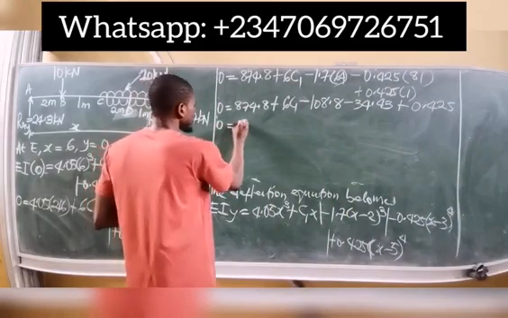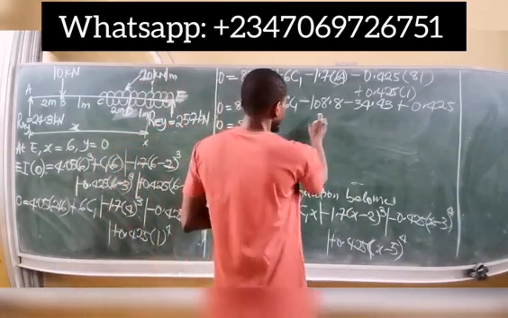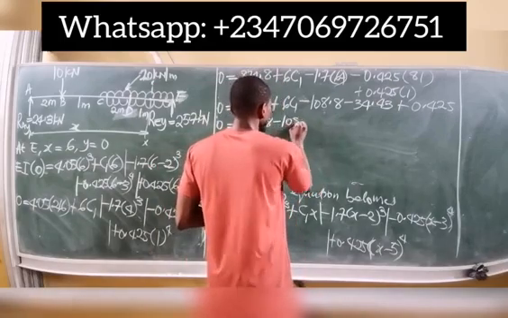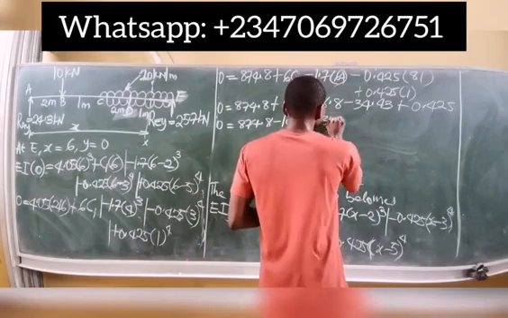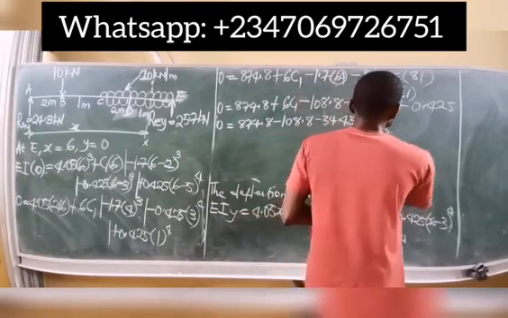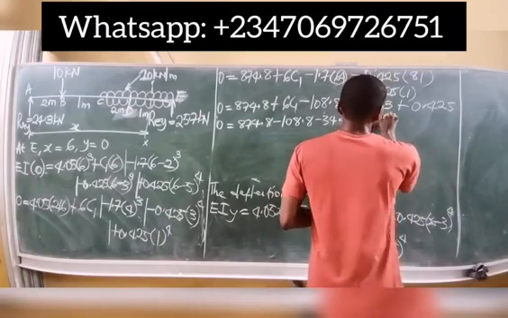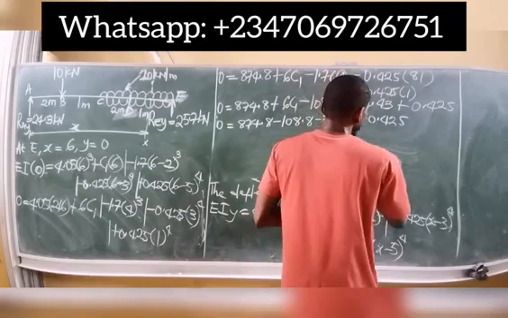0 equals 874.8. Let's collect like terms now. Minus 108.8. Bring here minus 34.43, plus 0.425, and then finally plus 6C1.